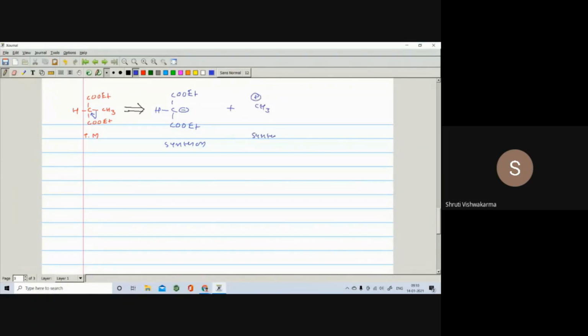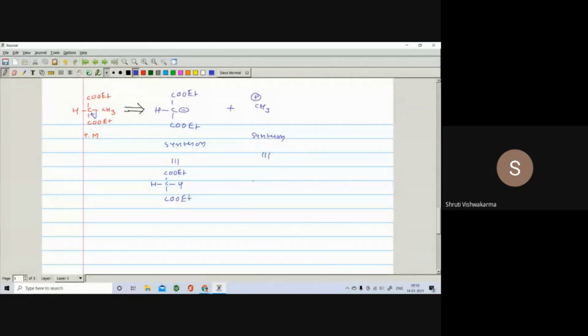And for both we can write the corresponding reagent. For C negative we can write malonic ester. In this one, the CH2 is directly attached to two strong electron withdrawing groups, so we can form a carbanion in the presence of base.